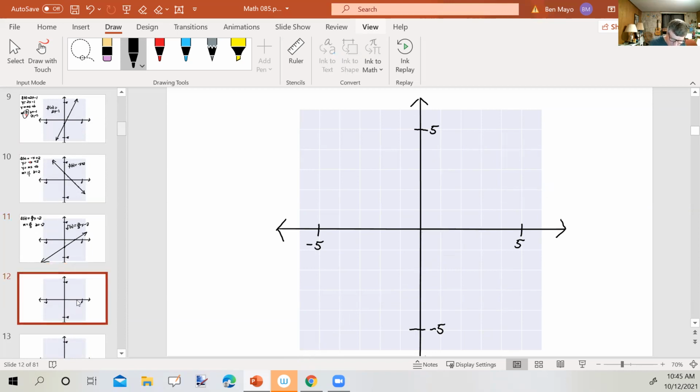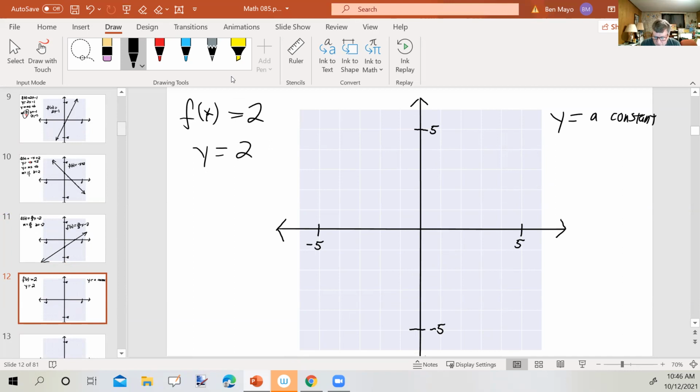Okay, how about this one? This says f of x equals 2. So that's like y equals 2. Well, and here is something from chapter 3. When you have an equation in the form y equals a constant, that is y equals a number, that is going to be a horizontal line.